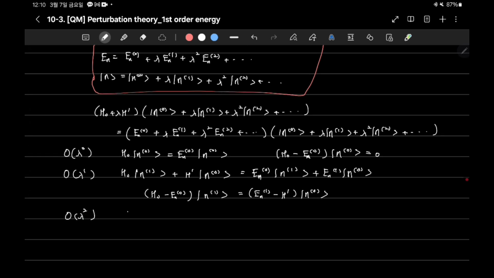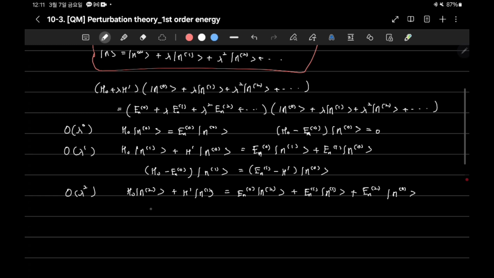Now let's consider the second order of lambda: H0 |n2> plus H prime |n1>, equal to En0 |n2>, the zeroth order energy with the second order eigenvector, plus En1 |n1>, the first order energy with the first order eigenvector, plus En2 |n0>, the second order energy with the zeroth order eigenvector.